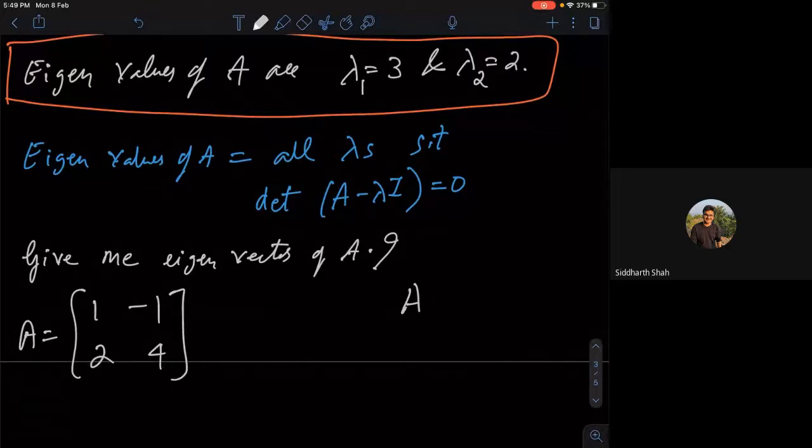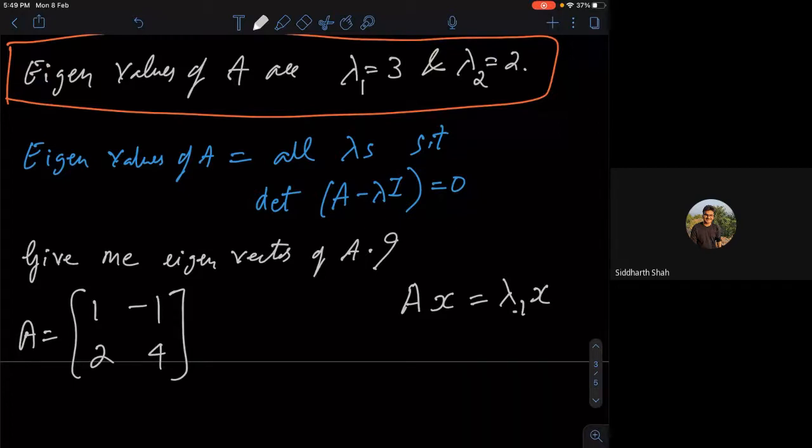Now I'm interested in finding the eigenvector x such that Ax is equal to lambda 1 x, the eigenvector which corresponds to the eigenvalue lambda 1.